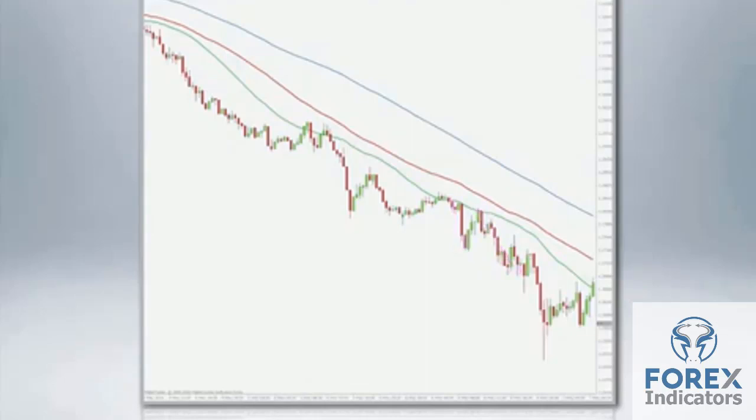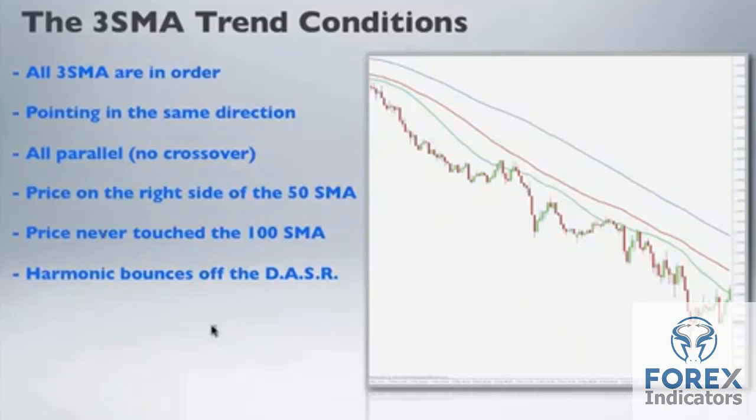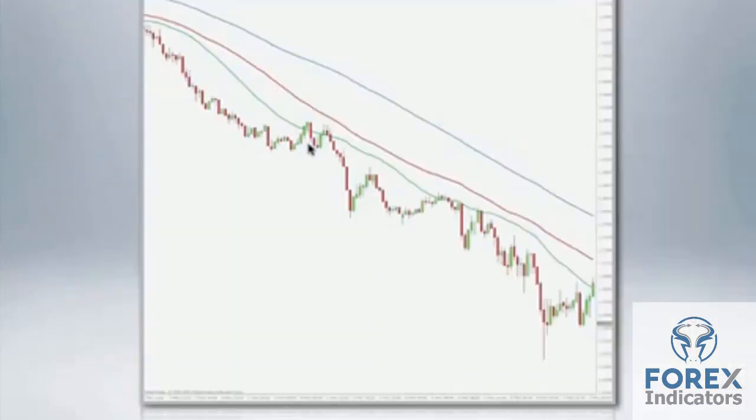That's why I was mentioning that the 6th condition that we are going to be searching for in our chart are bounces that take place of the dynamic area of support and resistance. Please let me go back to our previous slide. Harmonic bounces of the dynamic area of support and resistance.